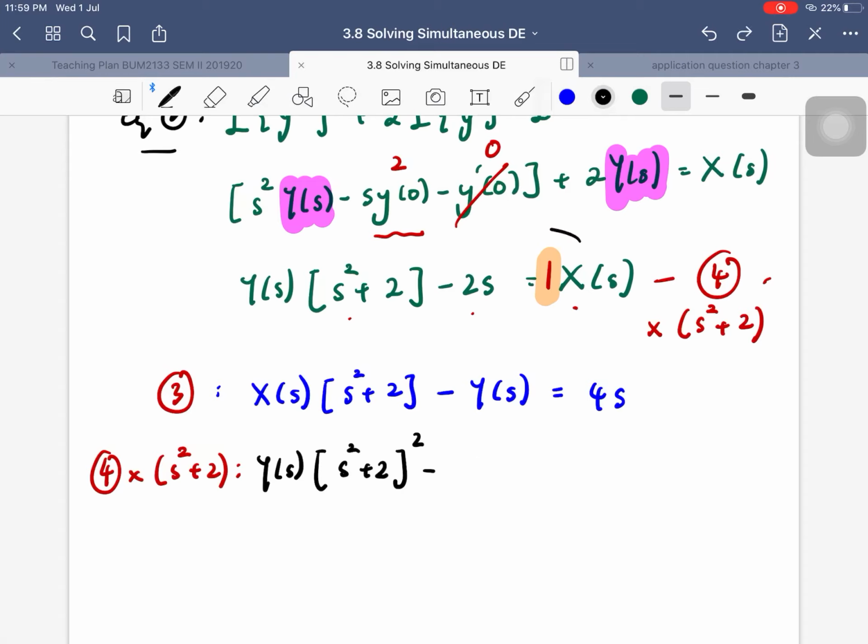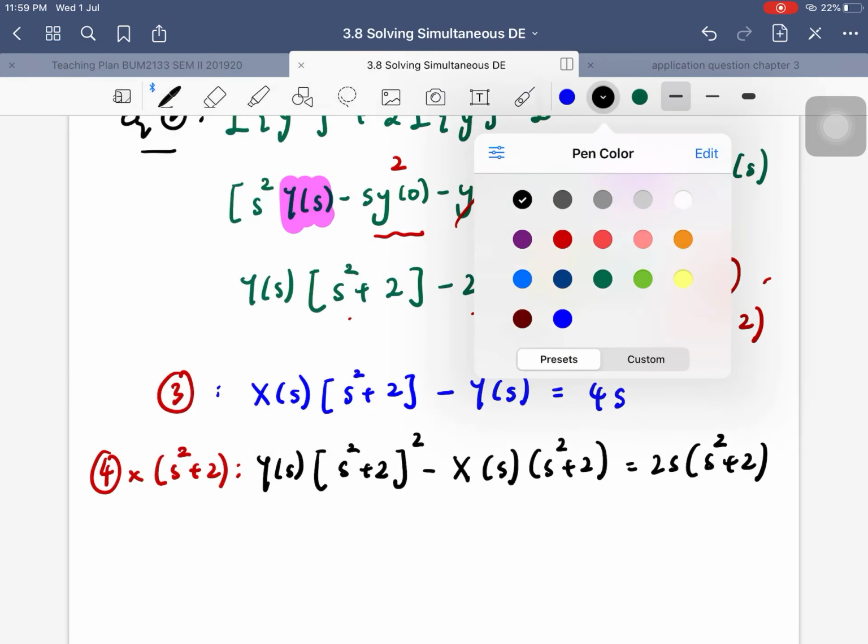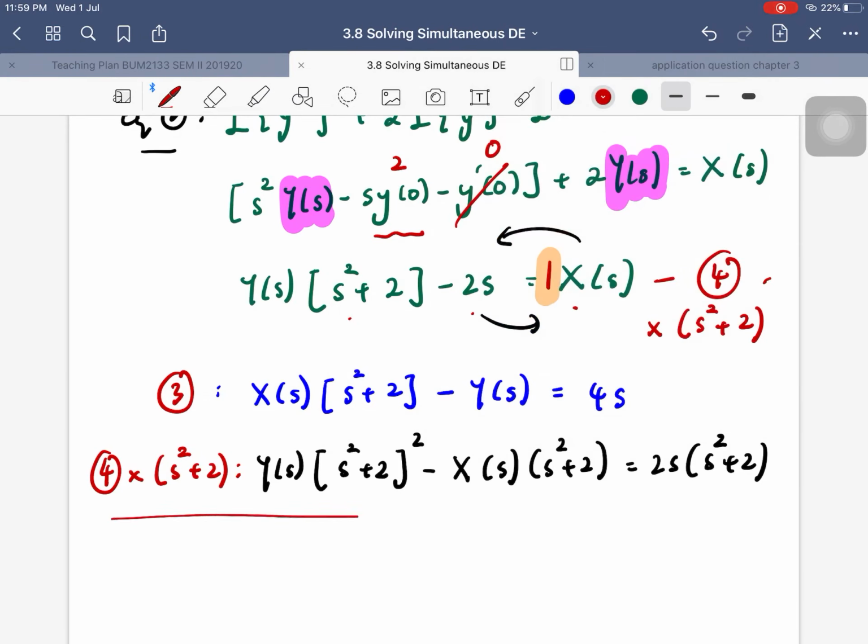I'm going to move this to the other side. Here I'm going to have X(s) minus X(s) multiplied by (s squared plus 2). When I bring this to the other side, it's going to be a positive 2s multiplied by (s squared plus 2). So each of the terms has to be multiplied by s squared plus 2.